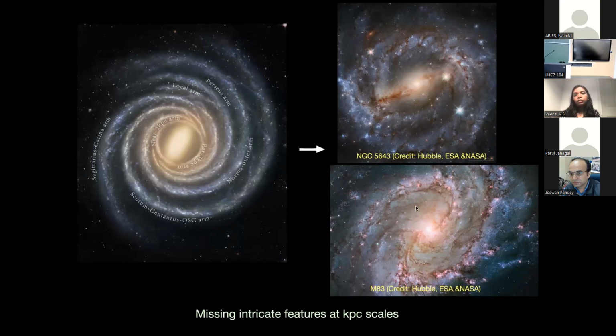But if we look at the true pictures of external galaxies, there are a lot of small scale structures within the spiral arms or the interarm regions, and it's not as tightly woven a spiral like the image here. So we are missing the intricate features at kiloparsec scales. So there has been tremendous progress in understanding the slightly smaller scale structures at hundreds of parsec scales.